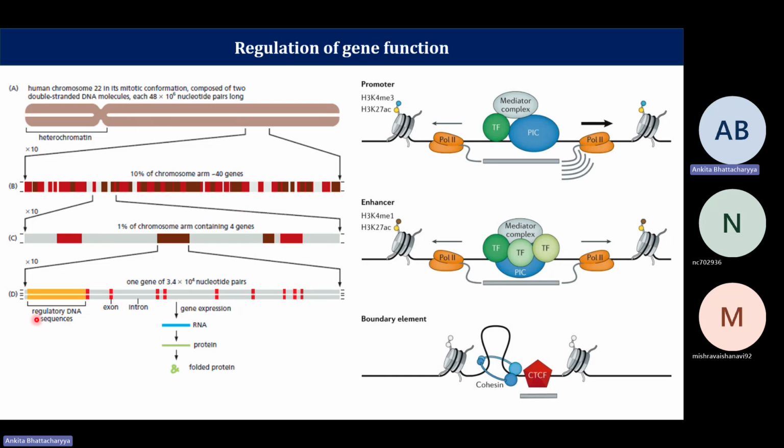For one gene, again, you have these exons, introns, regulatory sequences, etc. So that is the magnitude to which we are zooming in, and we are trying to figure out what is happening to DNA. Then what you see here are the different types of control elements and their mechanisms of working.